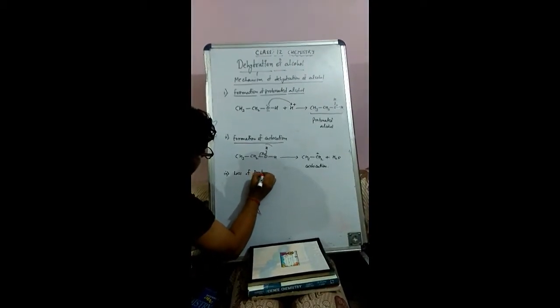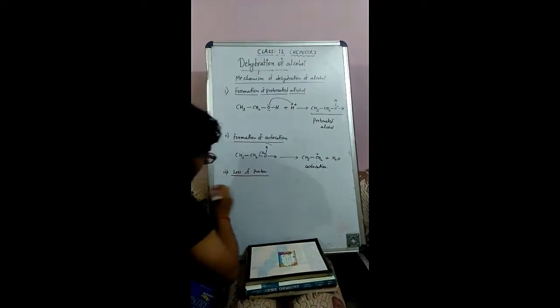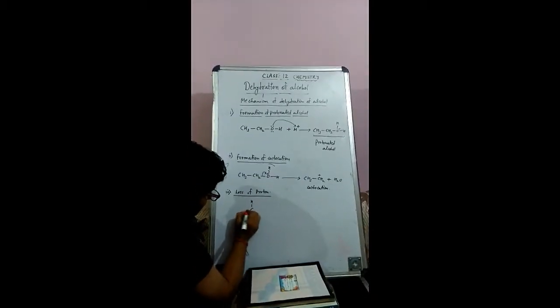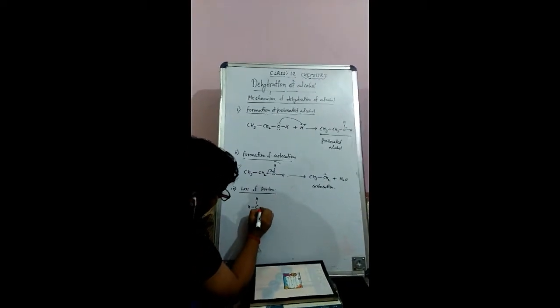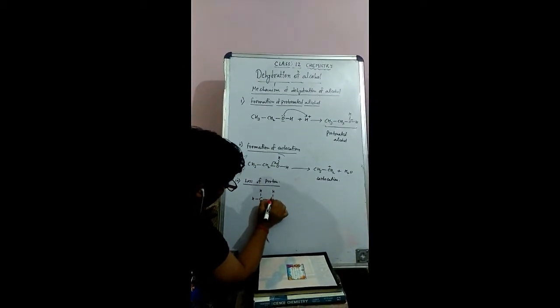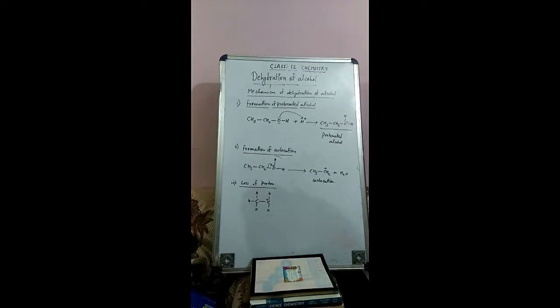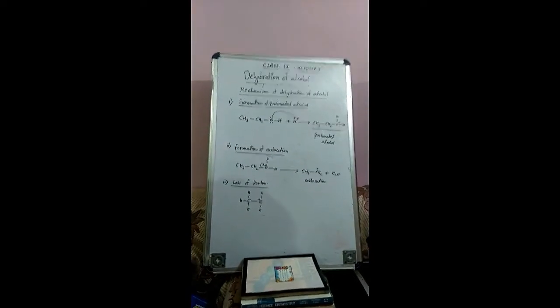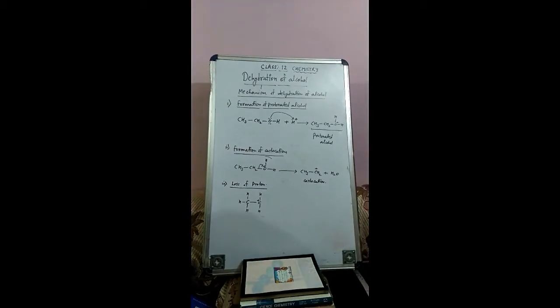Loss of proton. The carbocation I can write this way: hydrogen, hydrogen, C, hydrogen, hydrogen. This carbon has the positive charge, so one hydrogen atom will lose its electron.